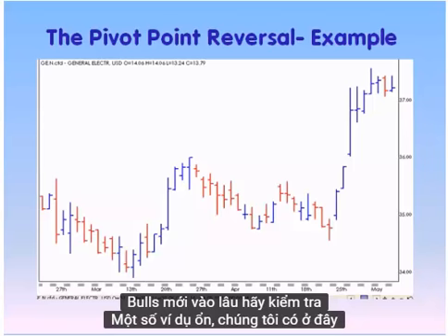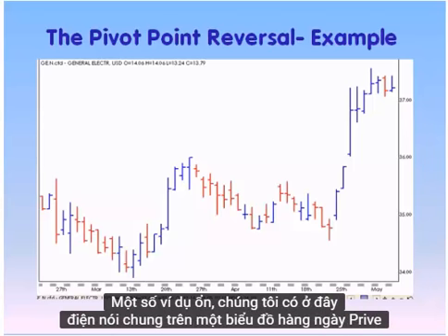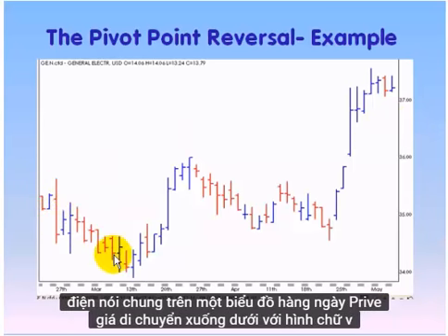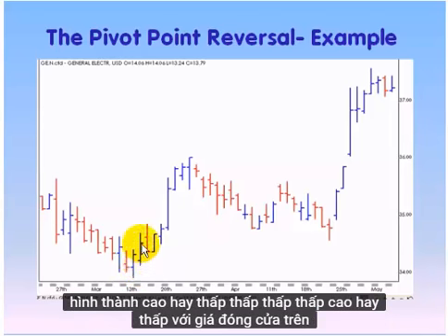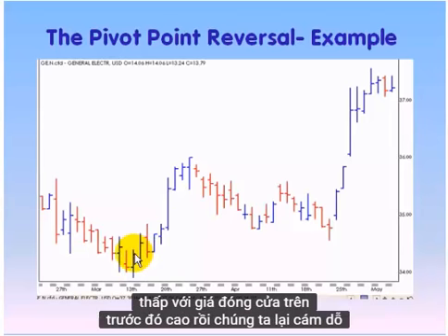Okay, we have here General Electric on a daily chart. Price moves down into a V-shaped bottom formation. Higher low, lower low, higher low, with price closing above the previous high.